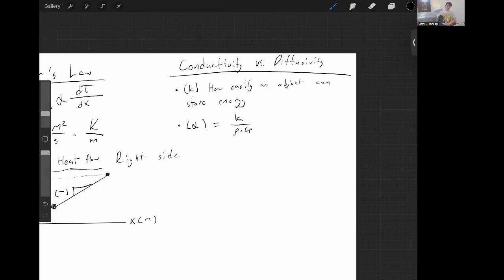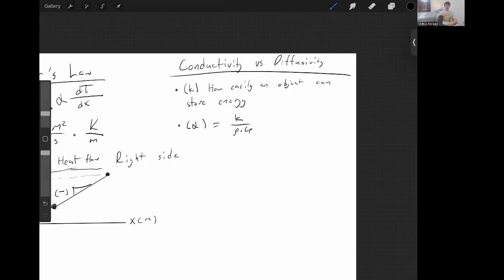Because think about it, as heat is passing through an object, the speed at which it can spread obviously varies depending on how dense a material is. If you have a more dense object, chances are it's going to take longer for that heat to transfer.